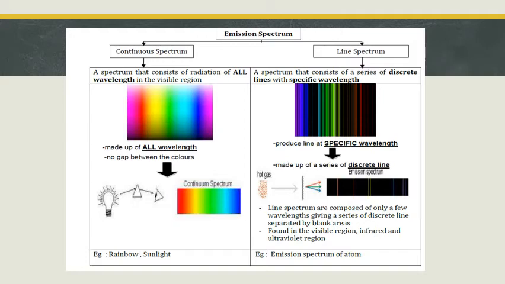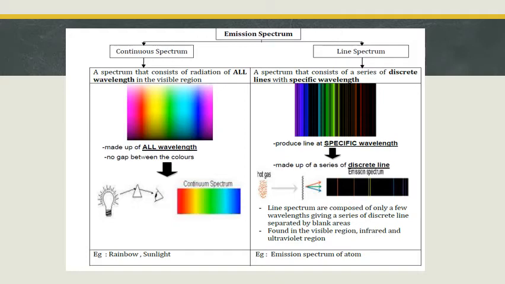So a spectrum that consists of a series of discrete lines with specific wavelength. Line spectrum are composed of only a few wavelength, giving a series of discrete lines separated by blank areas. So kita boleh nampaklah gapping between the colours, gapping between the line found in the visible region, infrared and also the ultraviolet region. Contohnya emission spectrum of hydrogen atom.